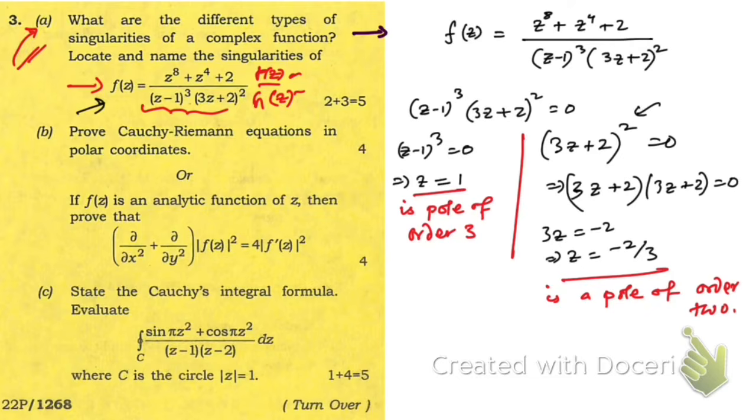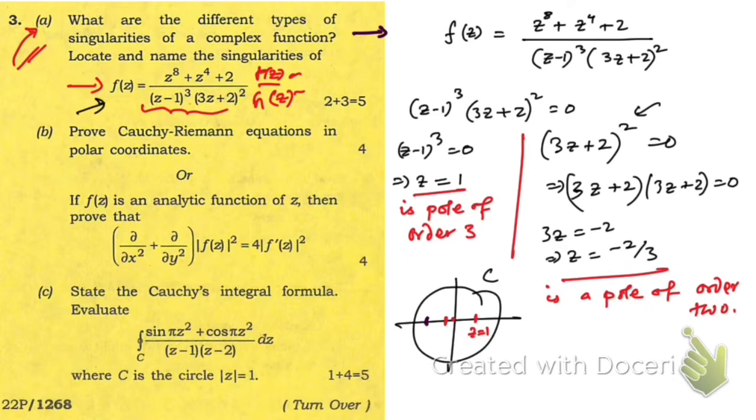Suppose this function is analytic within this region, within this closed curve C. Then here you see these poles are such points, suppose z is equal to 1, at which point this given function is not analytic, right? And this is minus 2 by 3 somewhere here.